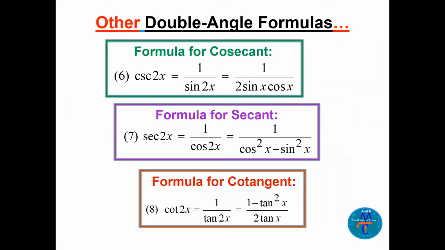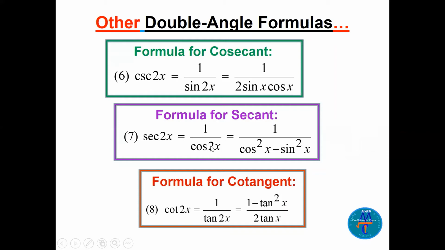All right, the other double angle formulas. In number 6 here, suppose we need cosecant of 2x. Just directly use the reciprocal, 1 over sine 2x, and use formula number 1. If you need to find secant of 2x, just 1 over cosine of 2x.